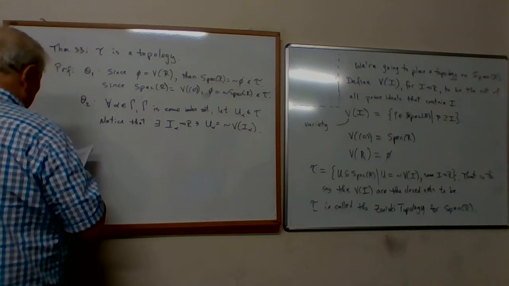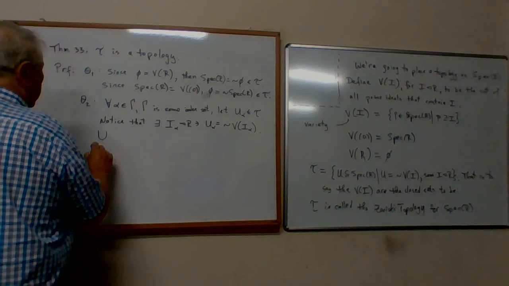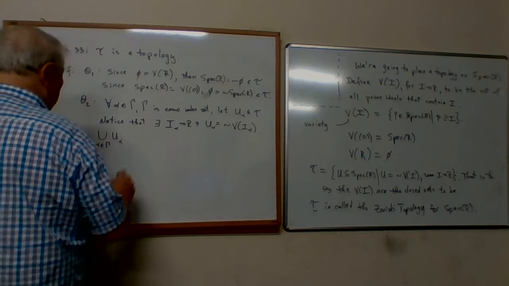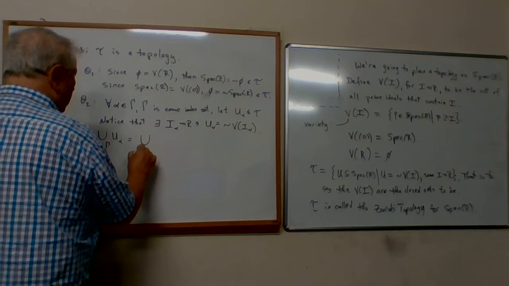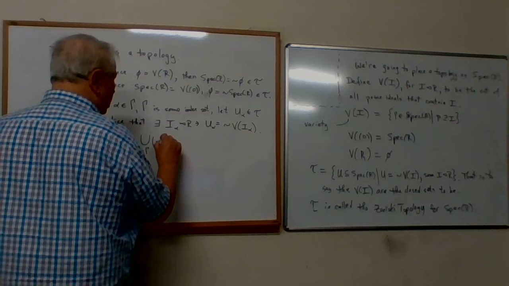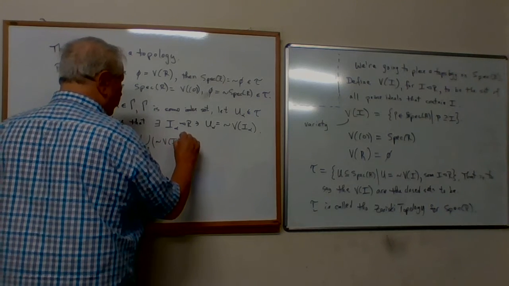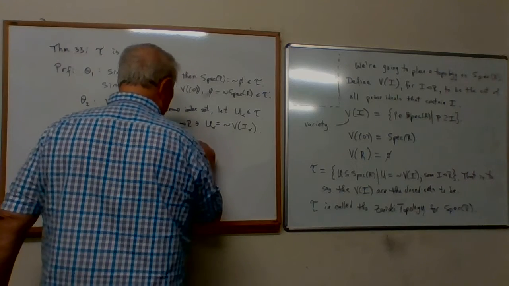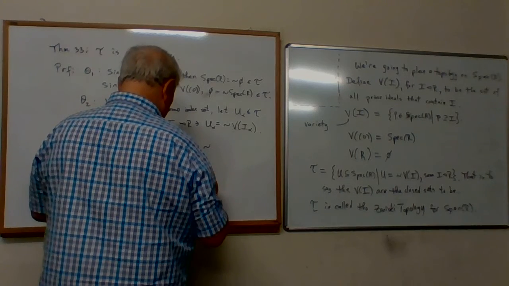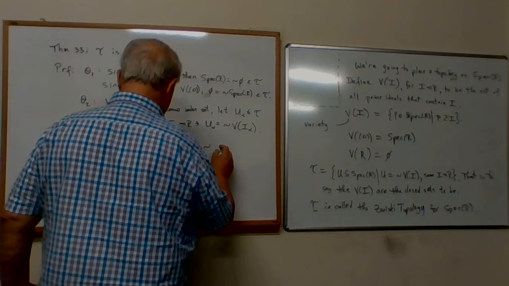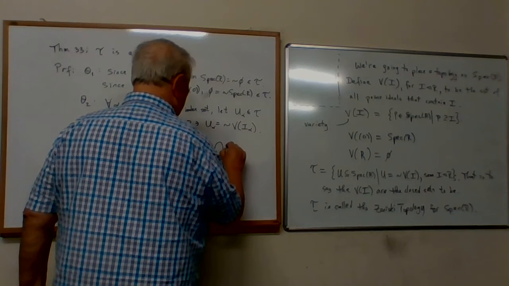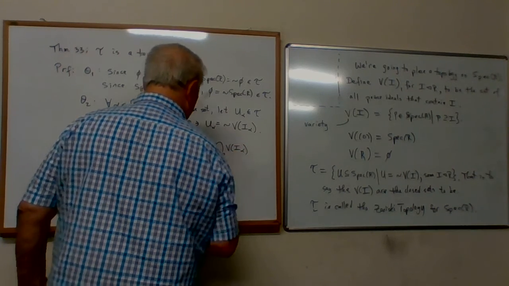Now, how are we going to get this to come out? Well, let's do the arithmetic. The union over alpha in gamma of U sub alpha is equal to the union over alpha in gamma of the complements of the V of I sub alphas, which by De Morgan's law is the complement of the intersection of the V of I sub alphas.